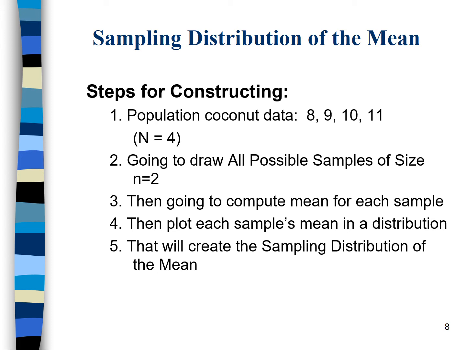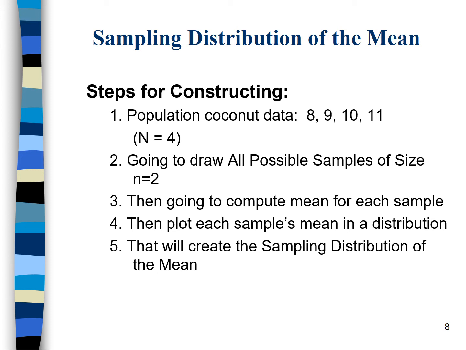Okay, so how do I construct a sampling distribution of the mean? Well, first of all, you have to know something about the population. We've already talked about that on the previous slides. We have a population of 4 individuals: one person with 8 coconuts, one with 9, one with 10, one with 11.